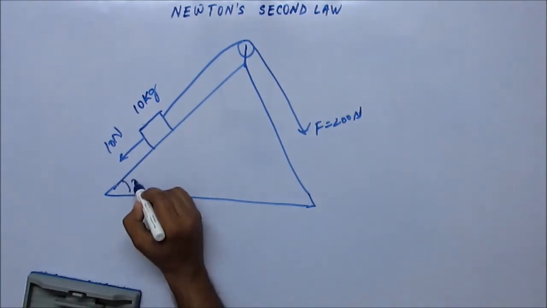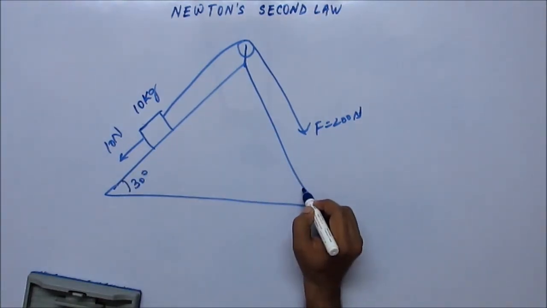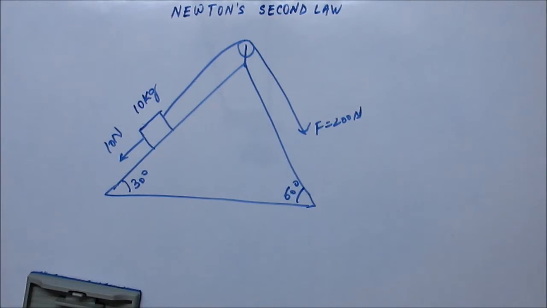Okay, this is 30 degree and this is 60 degree. Now the question is, with what acceleration will the 10 kg block be moving? So this is straightforward. Just the way we did the previous question, you have to do it in exactly the same manner. Shouldn't take much time for you to find the acceleration of the 10 kg block.